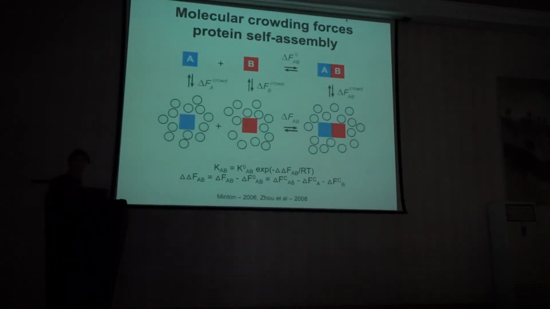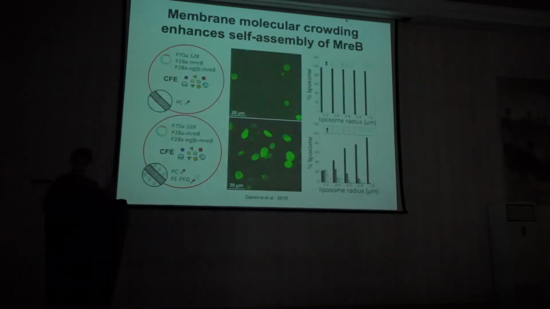You get a positive contribution because it is entropically driven. When you self-assemble in the presence of macromolecules, you free some space for those macromolecules, and at the end, the thermodynamics tell you that you get a positive contribution. You are going to increase your constant of association. So it's purely thermodynamics, whatever you put at the membrane.